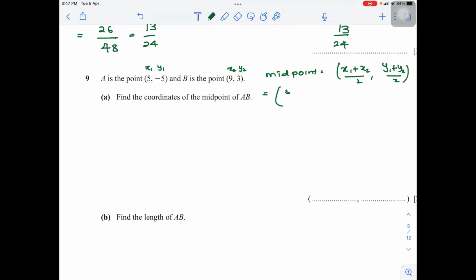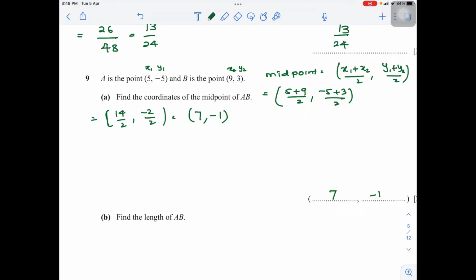So that's 5 plus 9 over 2 and negative 5 plus 3 over 2. 14 over 2 and negative 2 over 2. So that's 7, negative 1. That's my answer, 7 and negative 1.